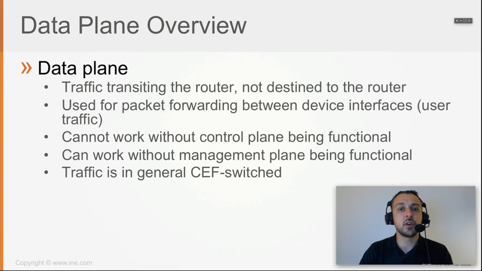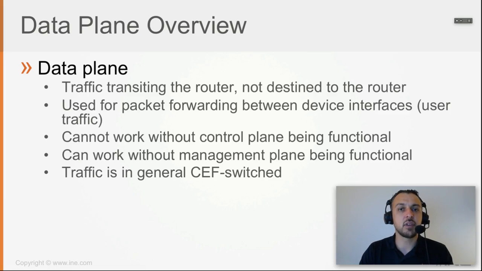For example, if a router has to fragment a packet, it cannot CEF switch it because it has to punt it to the CPU, because the CPU has to do the fragmentation. The ASICs, the CEF part, can only do line rate switching or routing back and forth, but the ASICs cannot actually take actions to modify the packet, like fragmentation.